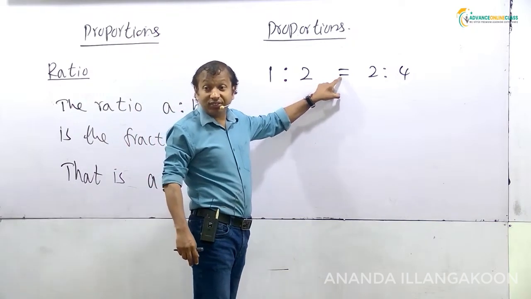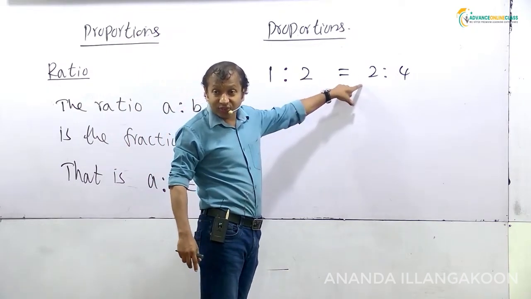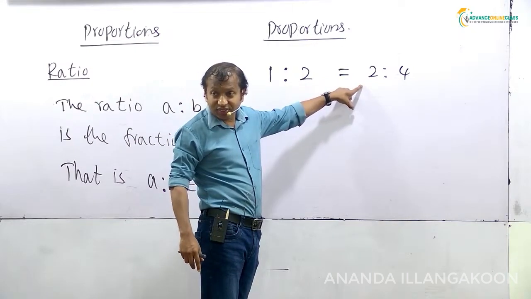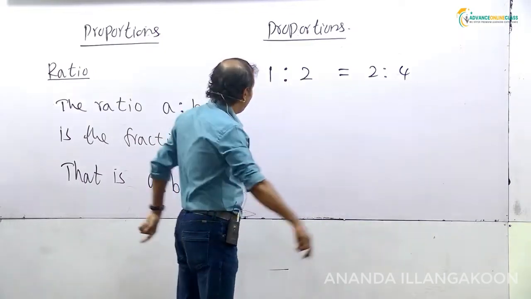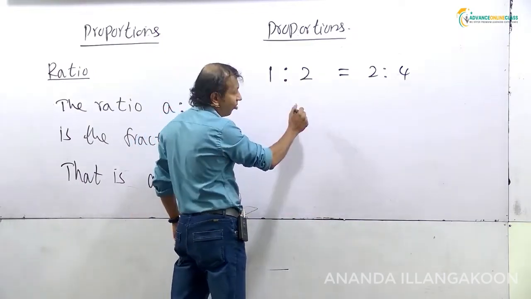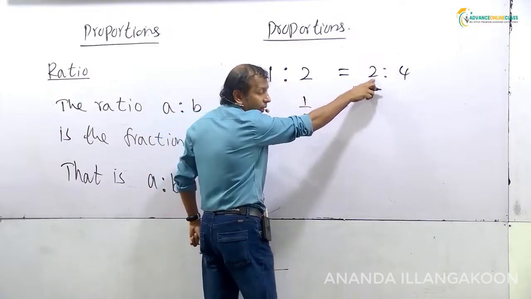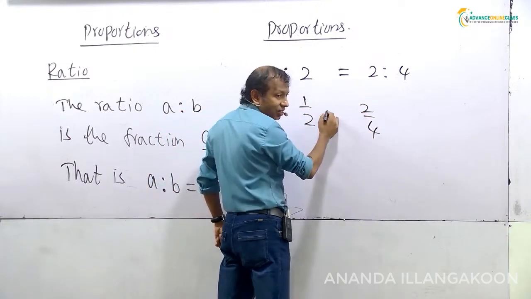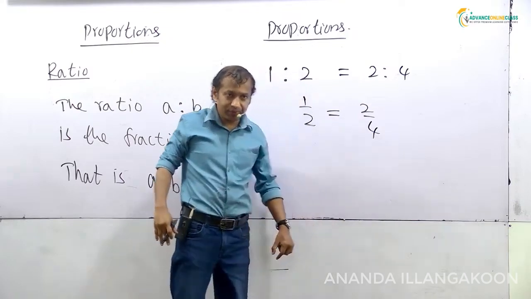Once you eat 2 buns, according to that, your friend should eat what? 4 buns, no? Then we say the ratio is the same. This ratio we can write how, people, as a fraction? Half. We said the first number goes to the numerator. This one? 2/4. Still they are equal, obvious, no?